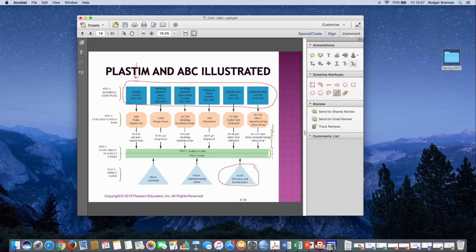So it's not always something that you're actively doing. It can be a passive thing, too. But I would take the 450,000 divided by that and come up with 4,500 per square foot. And do the same with all of these.